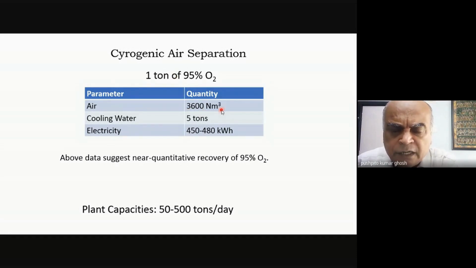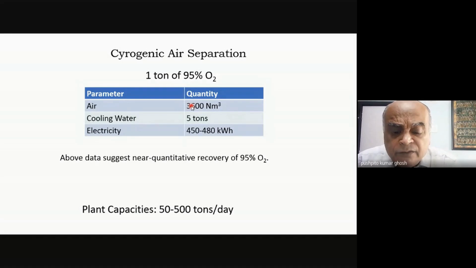You can work out that 22.4 liters will have 1/5 of a mole of oxygen, which means it will be 32 divided by 5, roughly about 6 grams per 22.4 liters, and per m cube, that will be about 267.85 grams. So 267 gram multiplied by 3600, it comes to about 964 kg of oxygen.